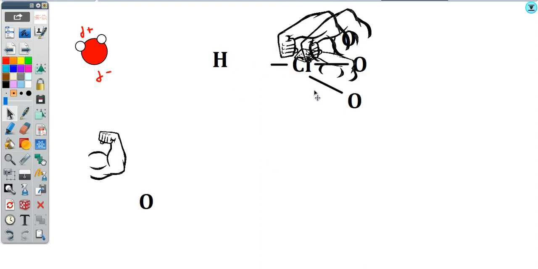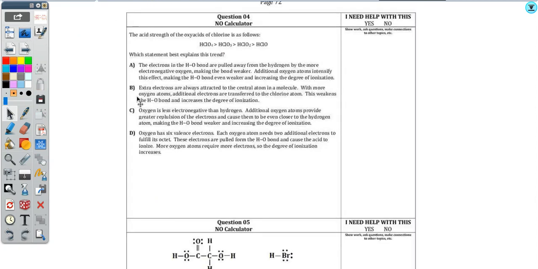So in a series of oxyacids, we are pulling those electrons away by the more electronegative oxygen, making that bond weaker. The more oxygens that you have, you just intensify that effect, right? So that's the explanation behind the relative strength of a series of oxyacids.